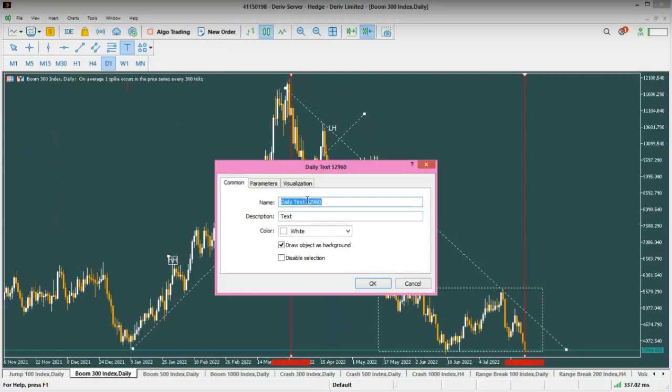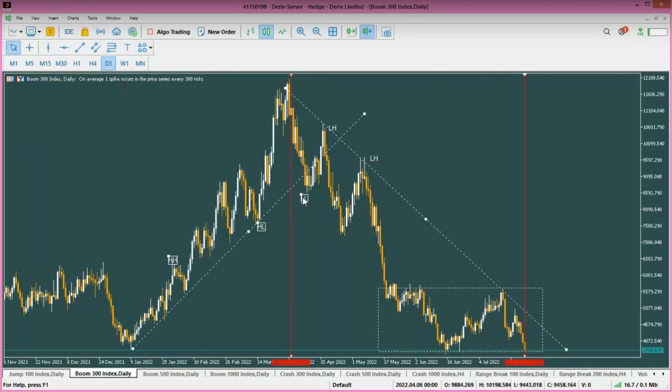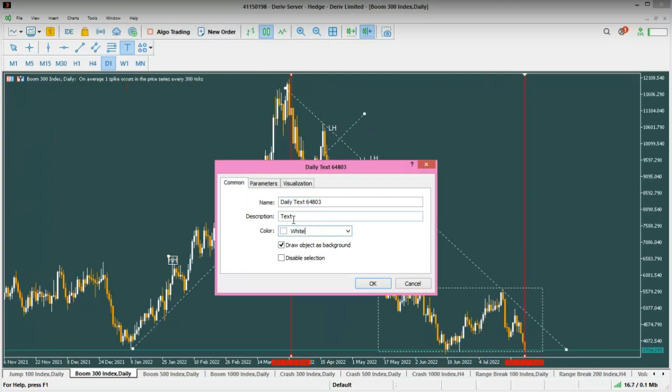Then we're going to go to our lower low right there, and let me put another one, maybe the last one, which is another lower low.